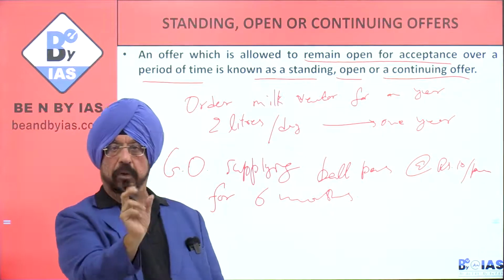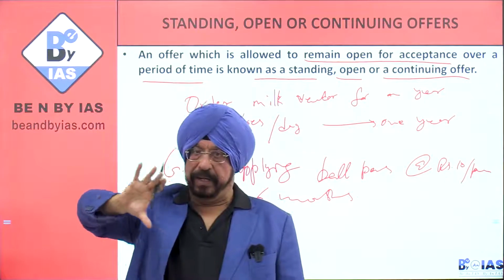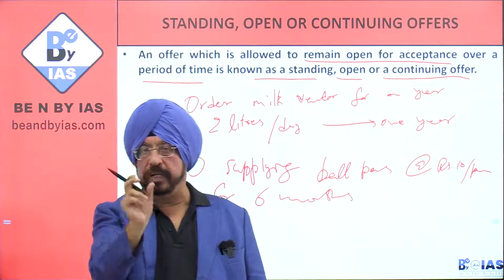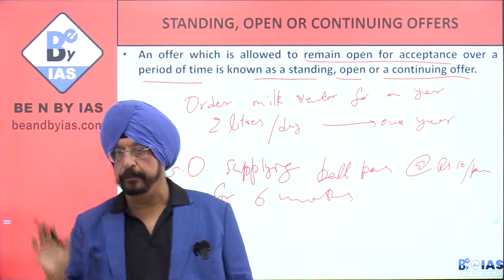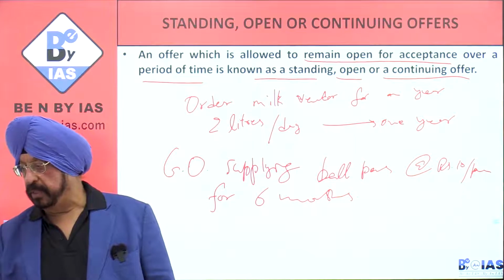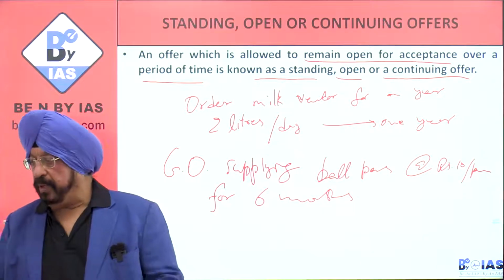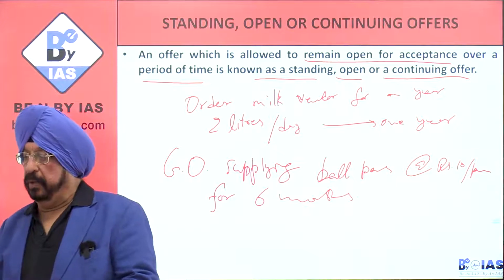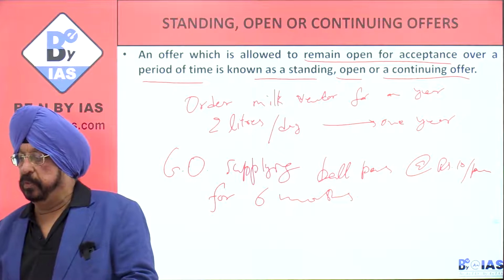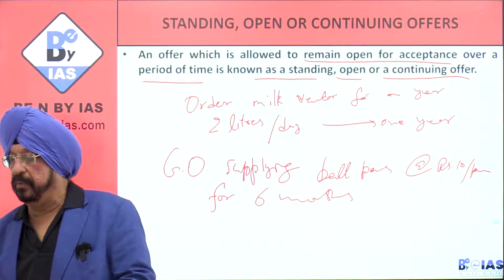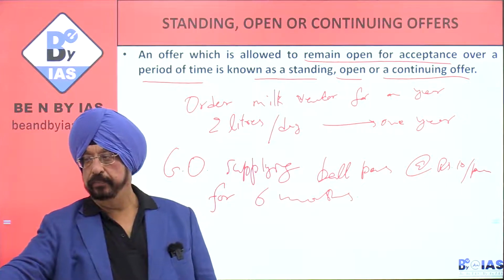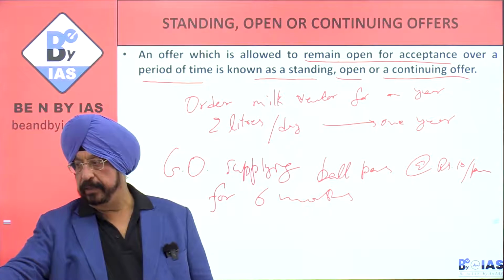The offer can be for the entire quantity or it can be for each quantity which is ordered periodically. Buy one, get one free, only available for 5 days. Transportation of money from RBI to different places. These are different kinds of orders, right? ठीक है, चले आगे.